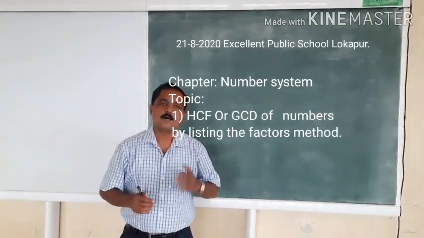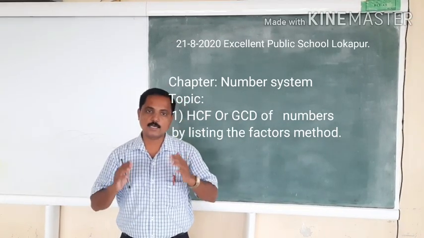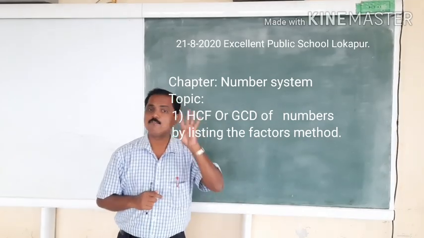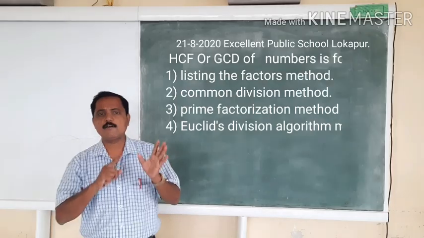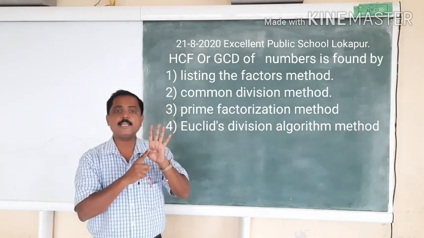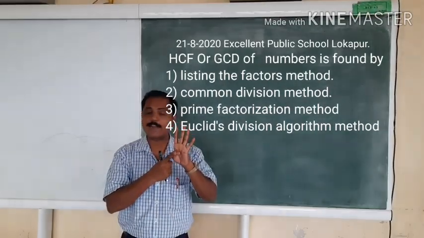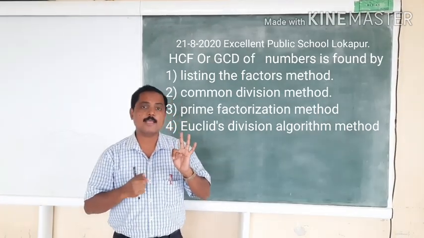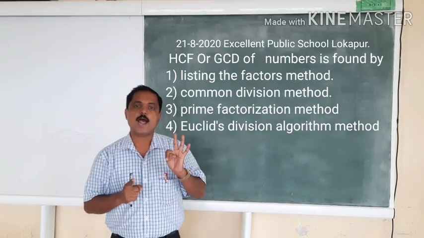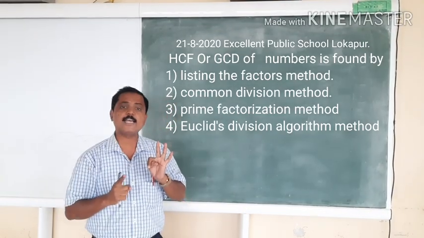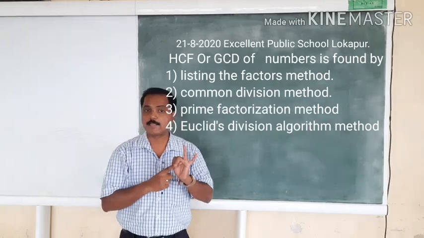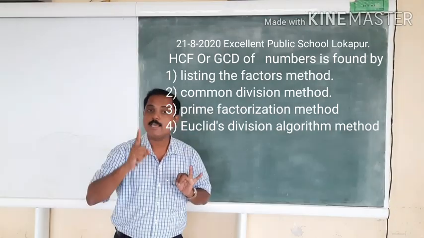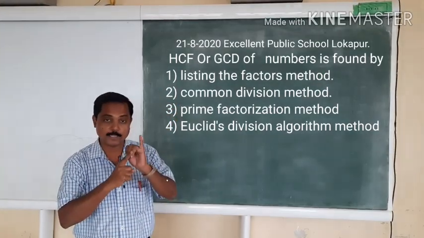So, children, the highest common factor of two numbers or more than two numbers is found by four methods. The first method is finding the HCF by listing the factors method, the second method is finding the HCF by common division method, the third method is finding the HCF by prime factorization method, and the fourth method is finding the HCF by Euclid's division algorithm method.